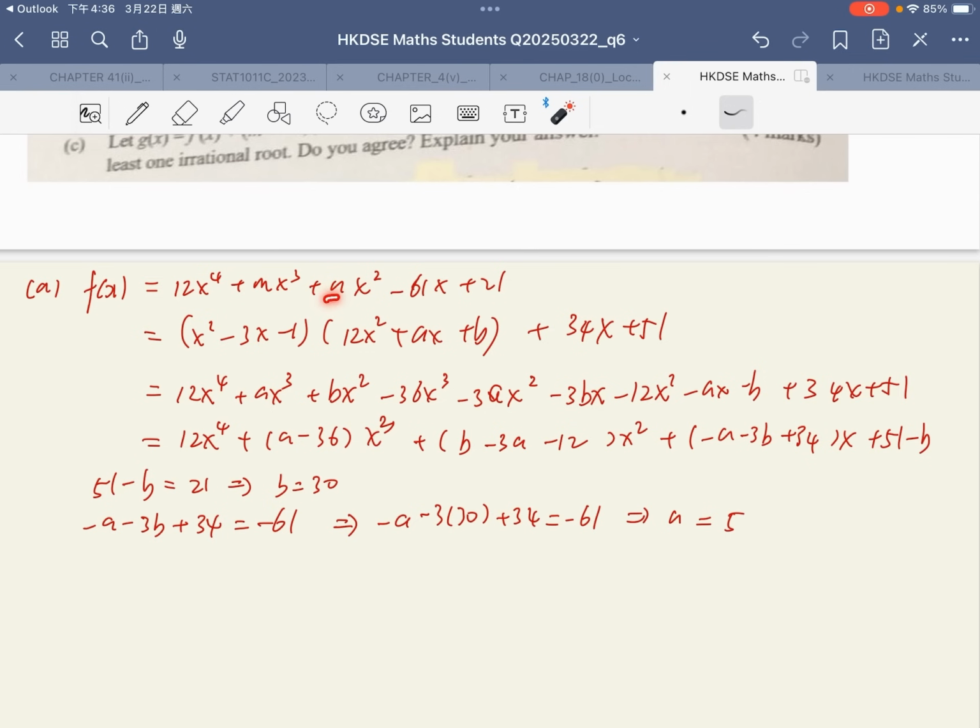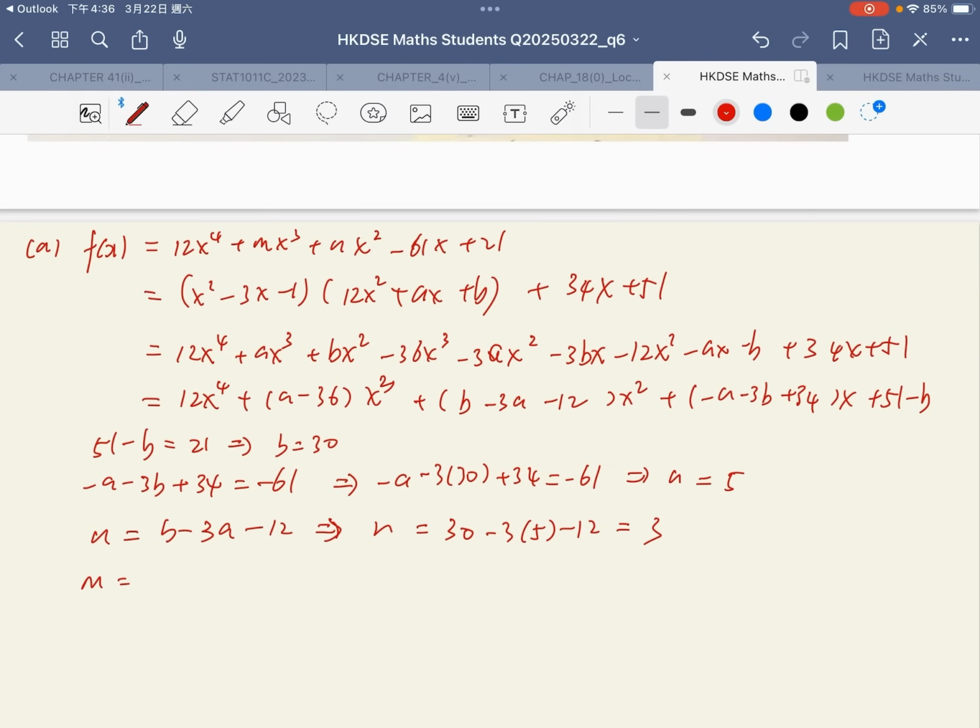Now the important thing is to find the values of m and n. We compare the coefficient of x squared and also the coefficient of x cubed. n equals b minus 3a minus 12, that means n equals 30 minus 3 times 5 minus 12, equal to 3.